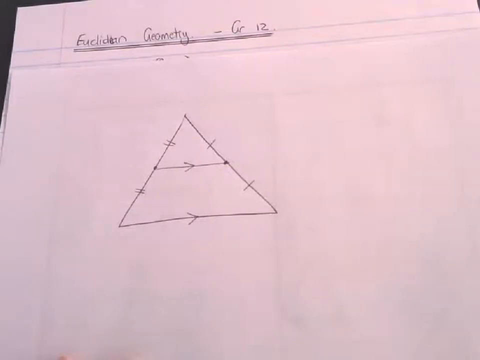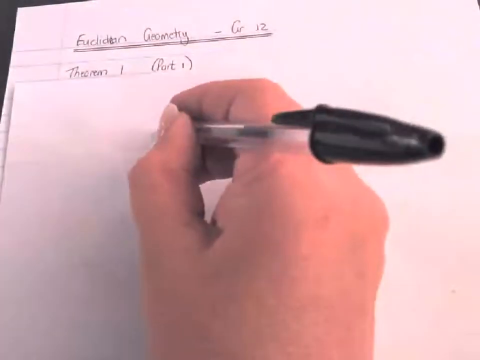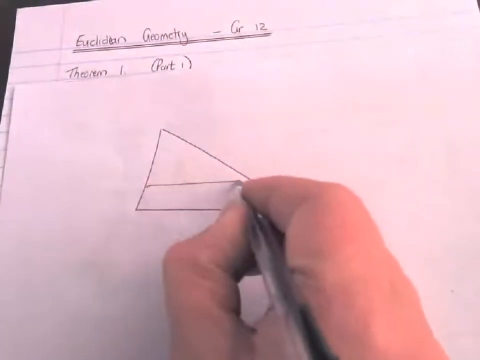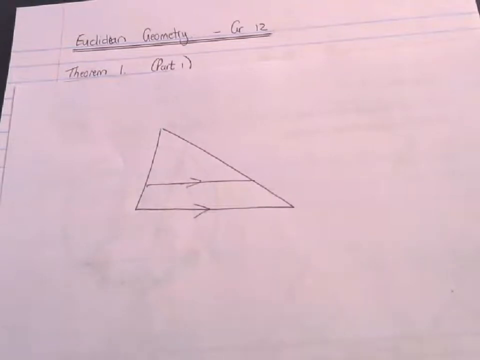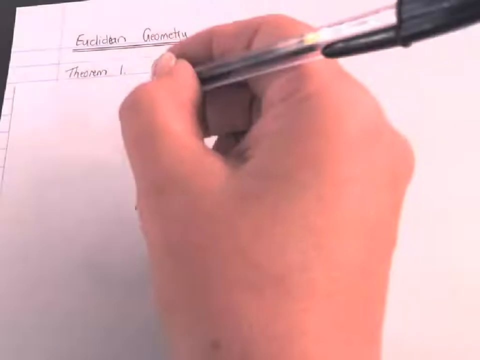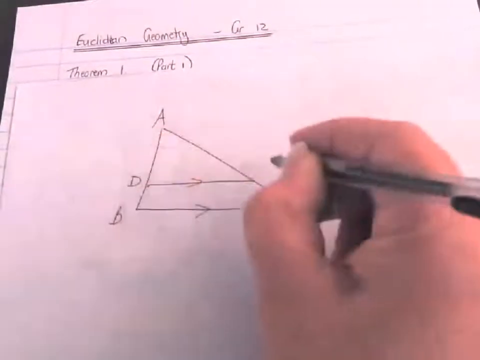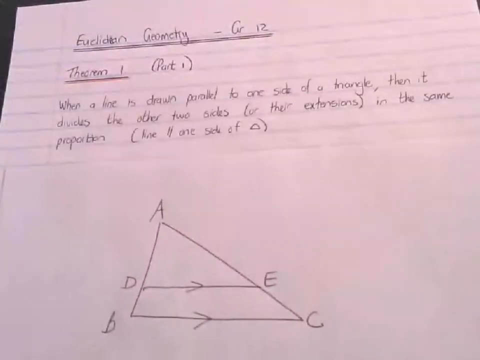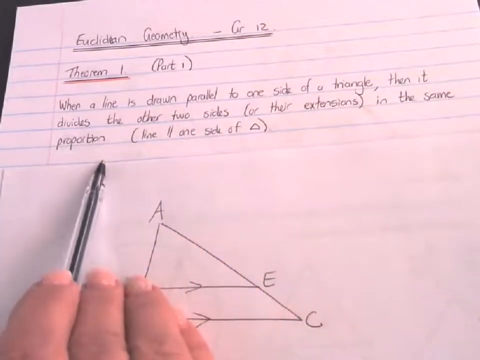Now this year we are going to do, when we have a triangle where one line is parallel to one side of the triangle. It says that it divides the other two sides in the same proportions.